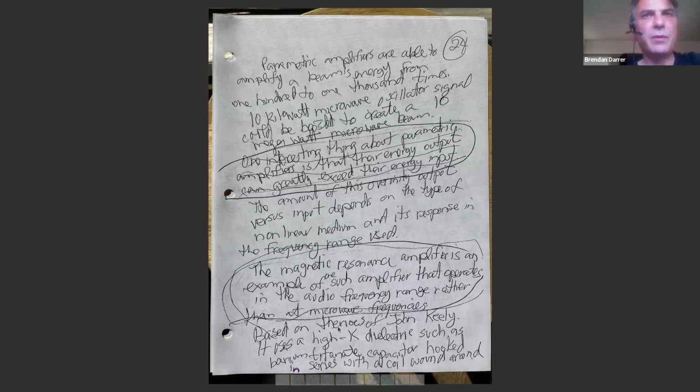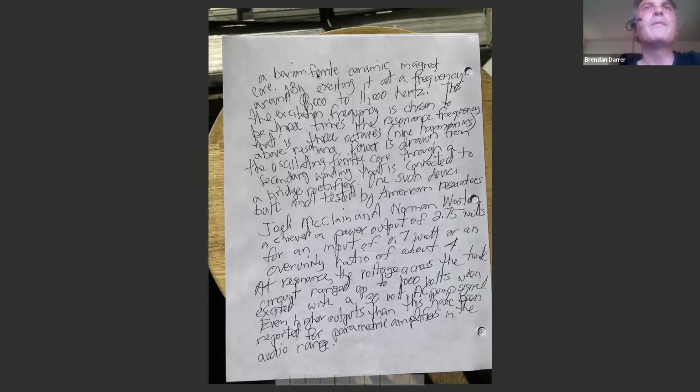Based on theories of John Keely, it uses a high-K dielectric such as a barium titanate capacitor hooked in series with a coil wound around a barium ferrite ceramic magnetic core, excited at a frequency around 8,000 to 11,000 hertz.